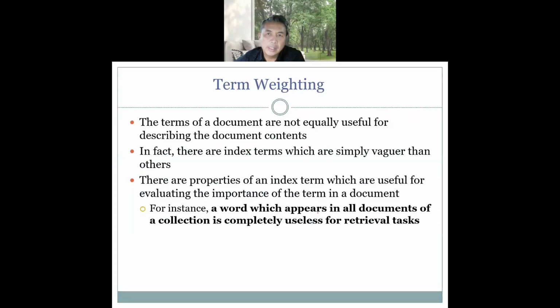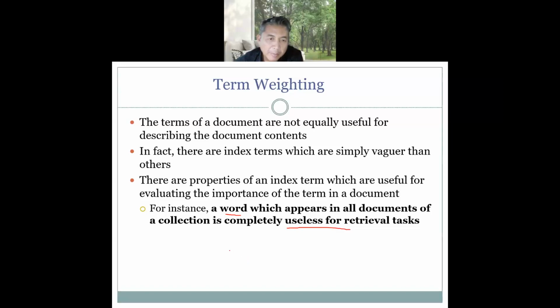So the terms of a document are not equally useful for describing the document content. For this, we look at the words which appear in all documents or part of the documents. Usually a word that appears in all documents is completely useless. Why? Because if a word always exists in all of the documents, we cannot use the word to differentiate the documents.